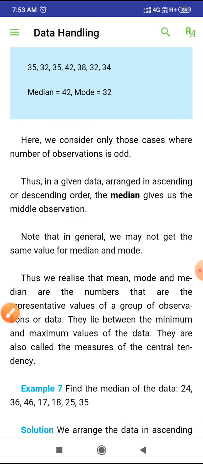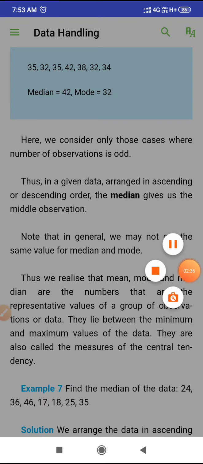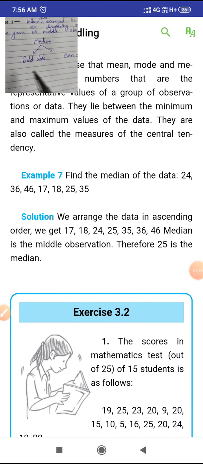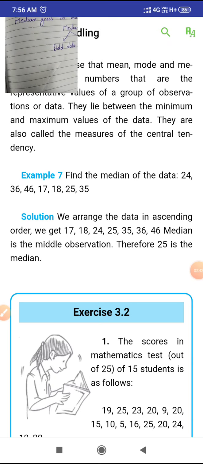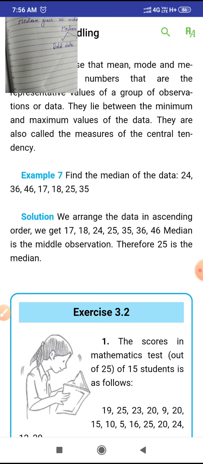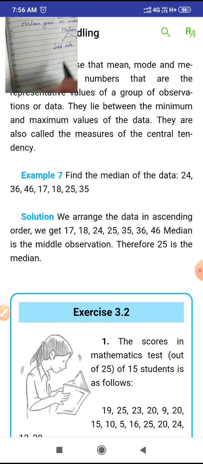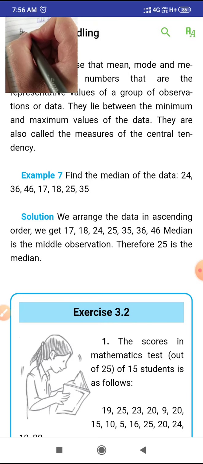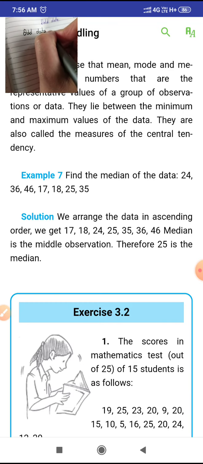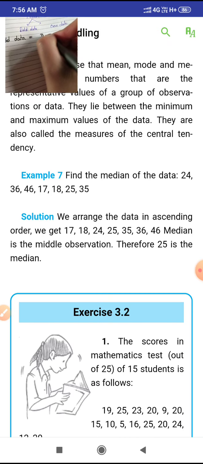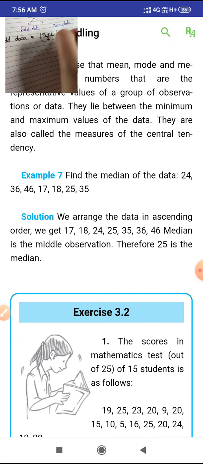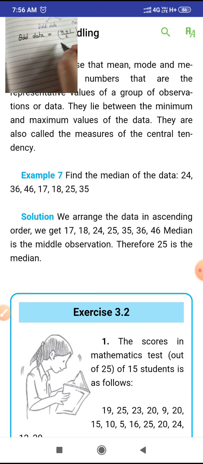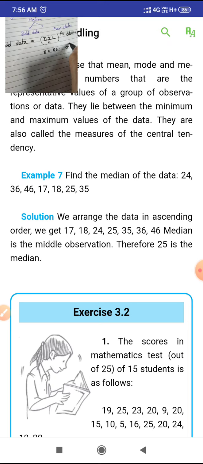Two different formulas are applied to find the median of even data or odd data, but in your class 7 the questions are only of odd data, so the formula for the median of odd data is (n plus 1) upon 2 observation. It is the formula for odd data, where n is equal to the number of observations.